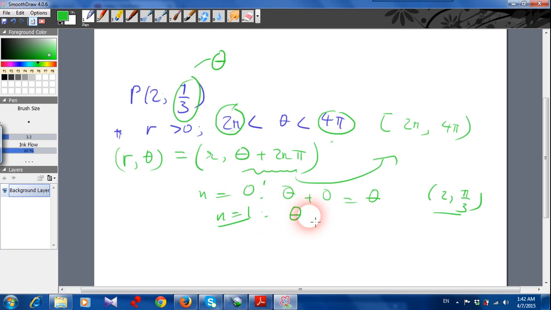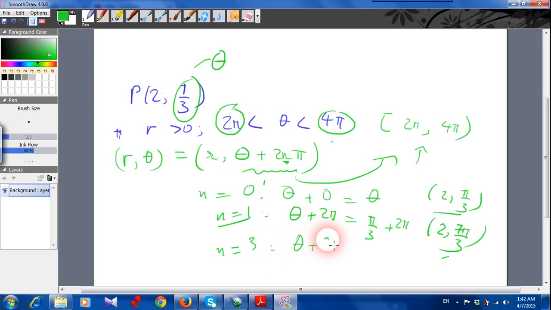So n is 1, and we have theta plus 2π. Here n is 1, so that means π/3 plus 2π, which is 7π/3, and this one belongs to this interval, right? Yes. How about n equal to 3?